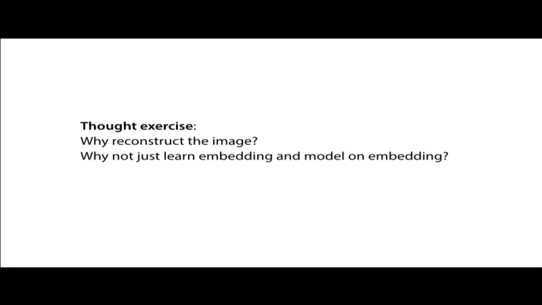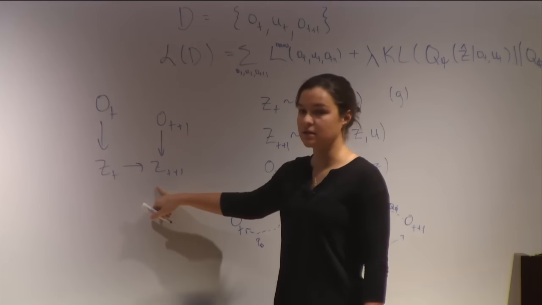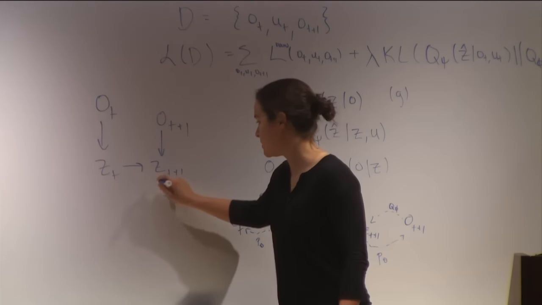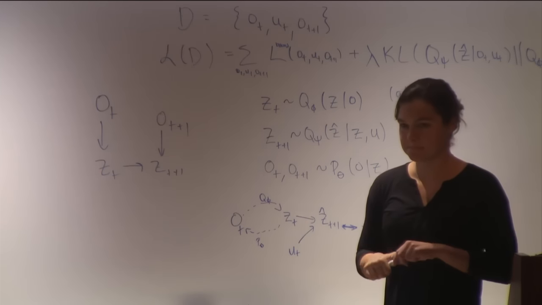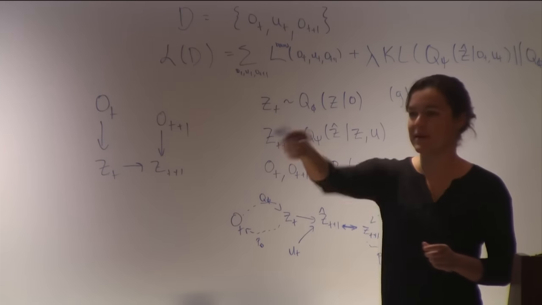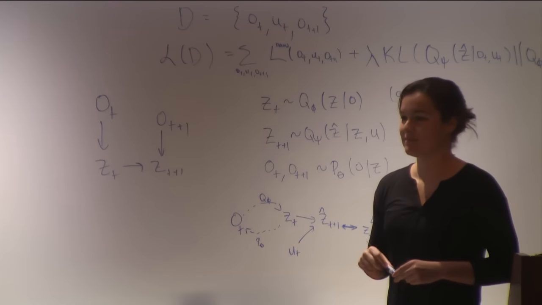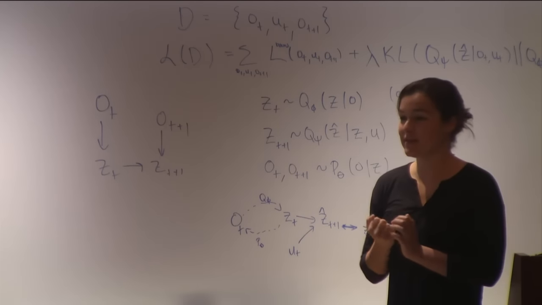Why not just learn a model that maps from O to ZT and ZT plus 1, OT plus 1, such that you can predict its next latent state, rather than also having the arrow that reconstructs the image from Z? Yeah. It's easier to visualize with the reconstructed image? It is easier to visualize, and that is very nice.